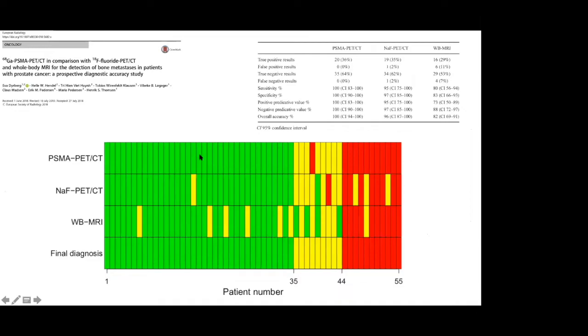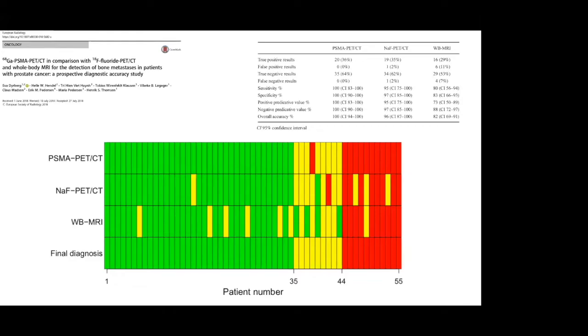They found that PSMA reflected the final diagnosis really well, while whole body MRI showed a higher number of false positive and false negative results, 6 false positives and 4 false negatives, and was significantly worse than PSMA and sodium fluoride to detect bone mets.